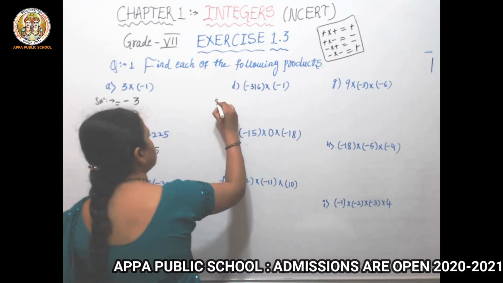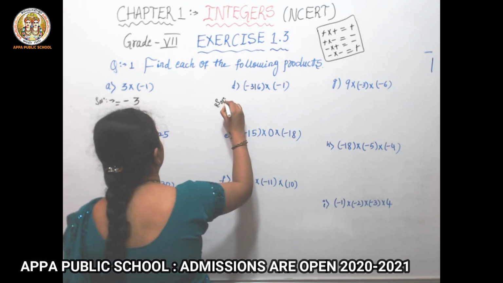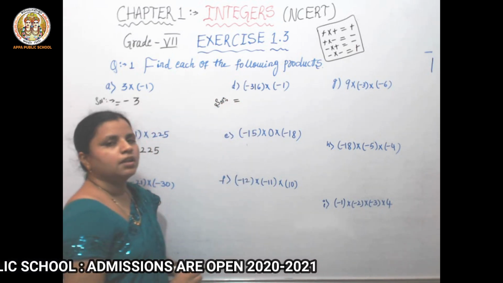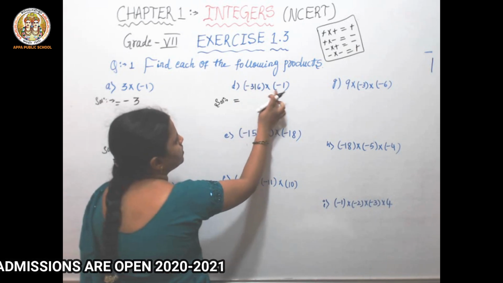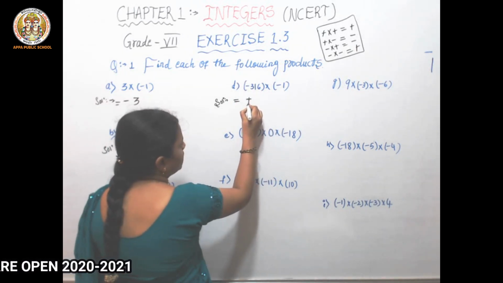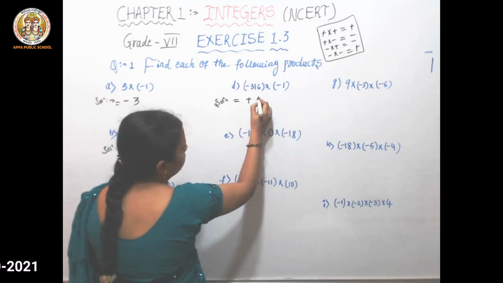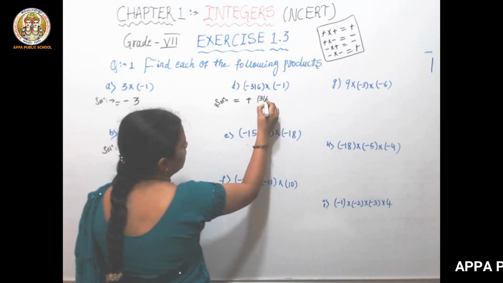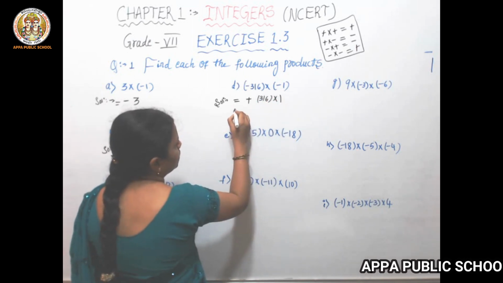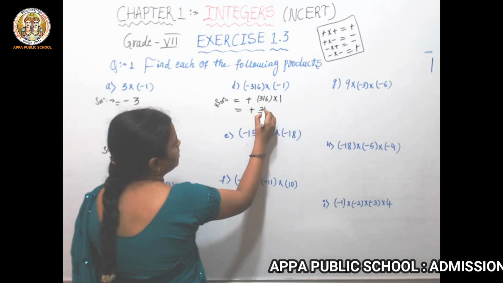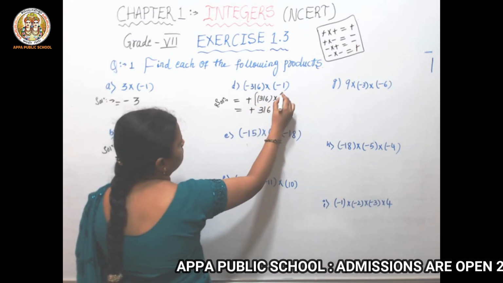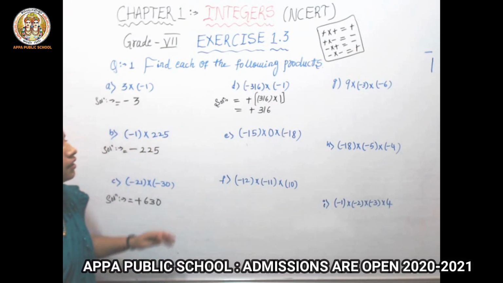Now here see solution D. Again minus into minus is plus. Okay, now how will do this as 360 into 1. So it is plus 360.